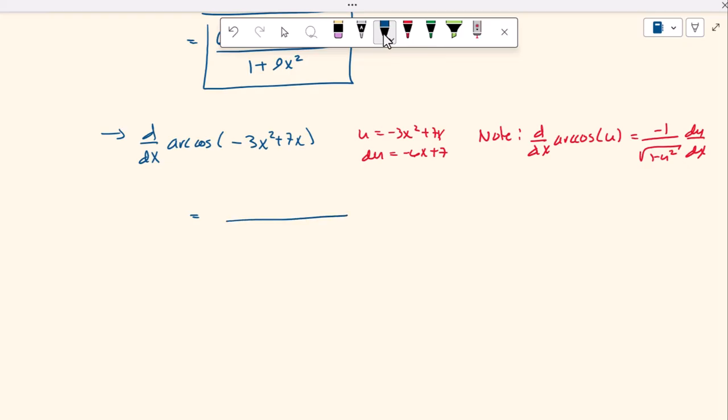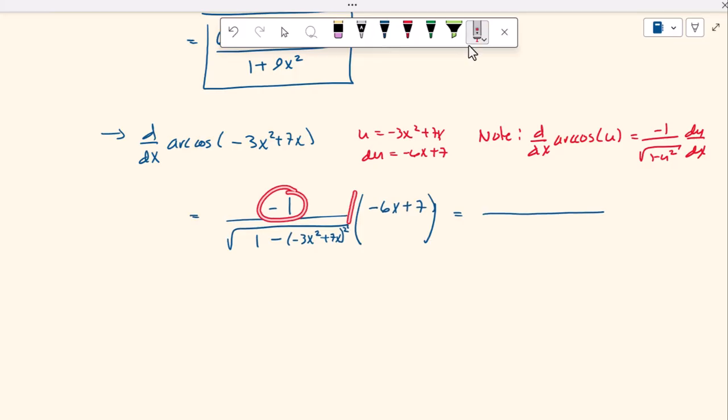So this is going to be a negative 1 over the square root of 1 minus u, that's that binomial quantity squared, and then I'm going to multiply that by du/dx, which is negative 6x plus 7. So let's go ahead and rewrite that. What I'm going to remember here is this negative is times all of this, not just the negative 6x.